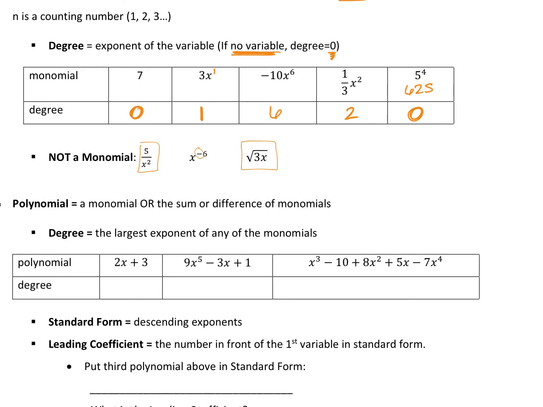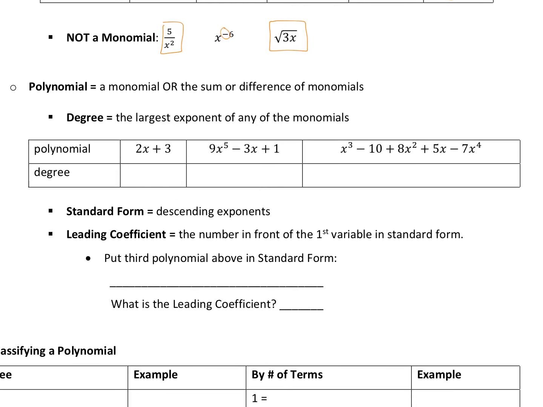Okay, polynomial. What does poly mean? Multiple, many, right? Poly is many. Polynomial. Instead of a monomial, now polynomial. Now here's the thing. It's kind of a misnomer at times because a monomial is a polynomial, but it doesn't have to be a monomial to be a polynomial.